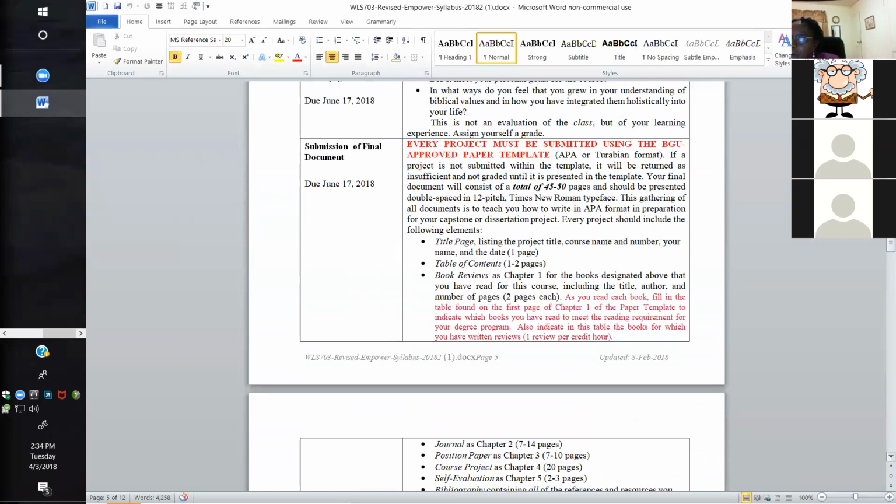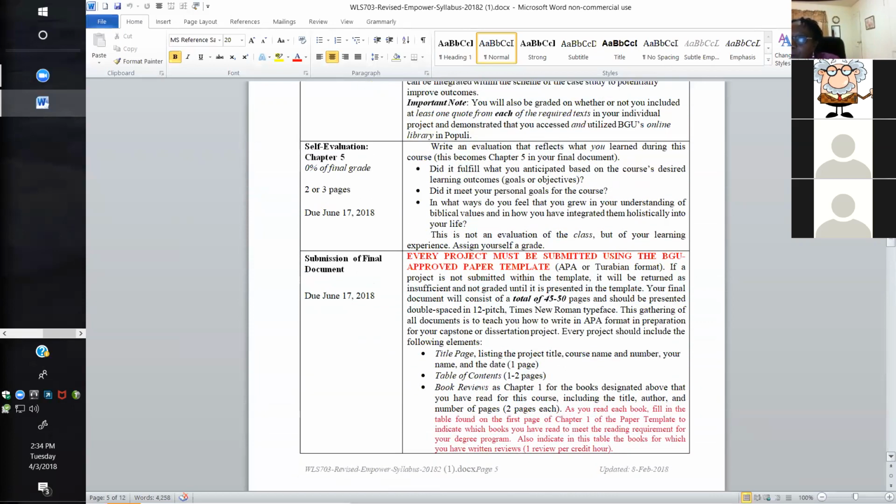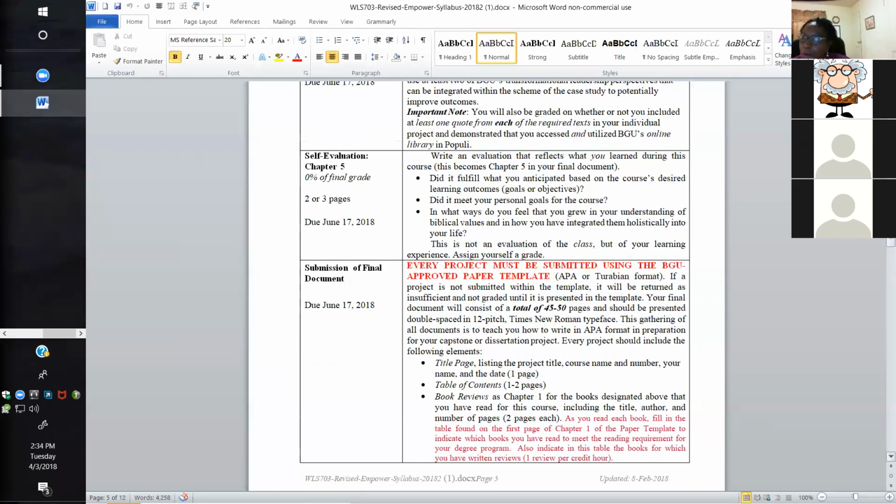It's 2 pages, your self-evaluation. That's the last thing. Yes, but then it says submission of final document, and it says the total of 45, 50 pages. Is that correct?